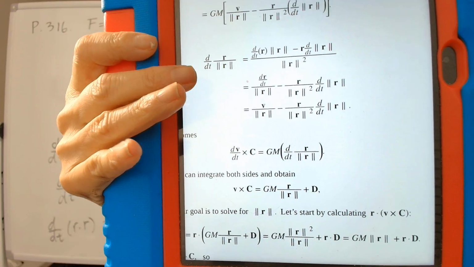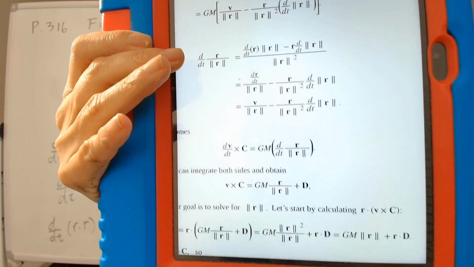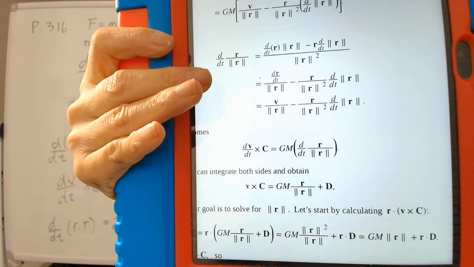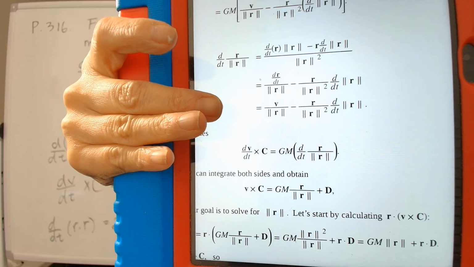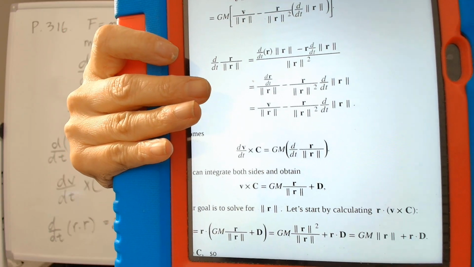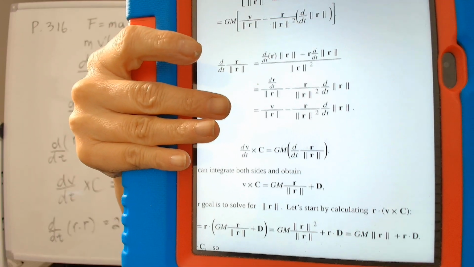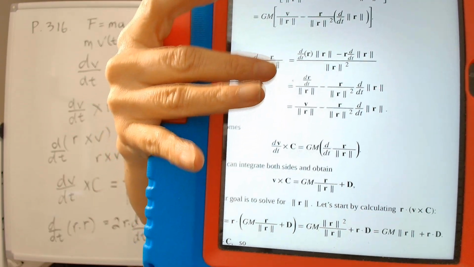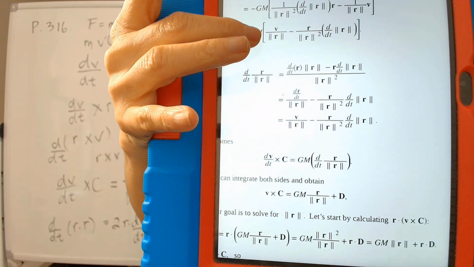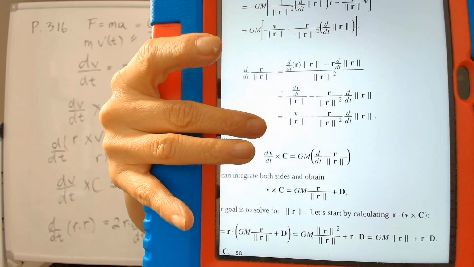One side is dr by dt over magnitude of r. The other side is the rest of that stuff. And then dr by dt is v, and so on. Now, look at that very carefully. You notice that it is exactly what's in here, term by term identical.